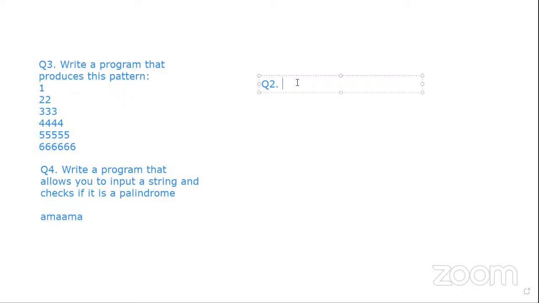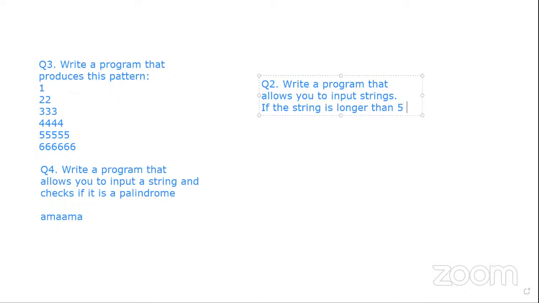Anyway, so for those of you that find question 3 and question 4 a bit too difficult, I'll do a simpler one, which is: write a program that allows you to input strings, okay? If the string is longer than 5 characters, then concatenate it.